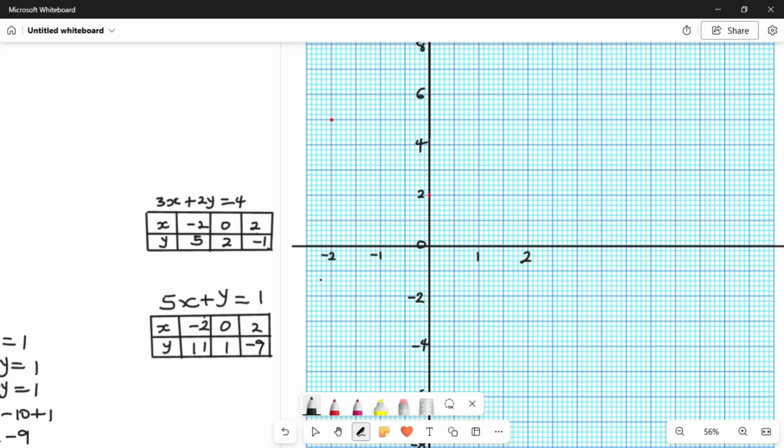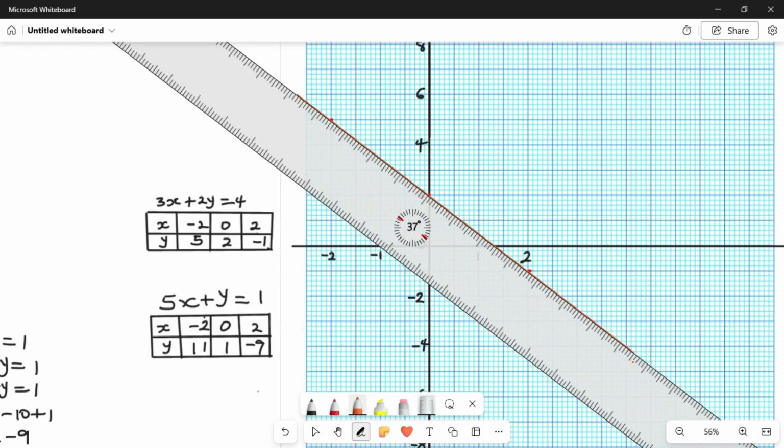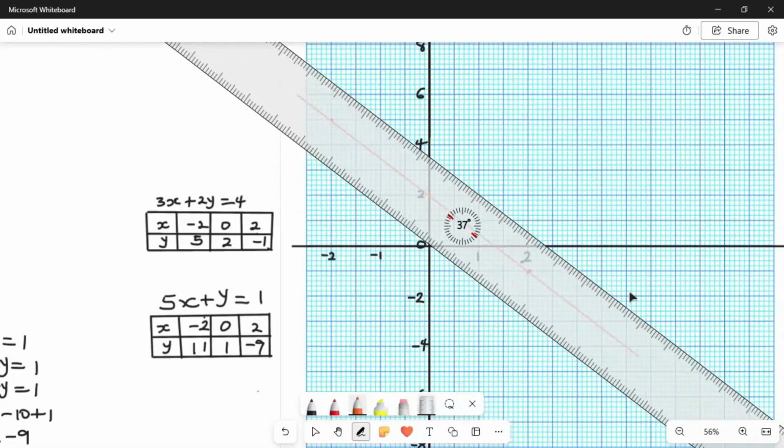So the last one, when x equals 2, y equals -1. So we have the point right here. I can say this is y equals -1 if you trace it. So the point is right here. So we need to draw the graph. Okay, so we have the line for the first equation.